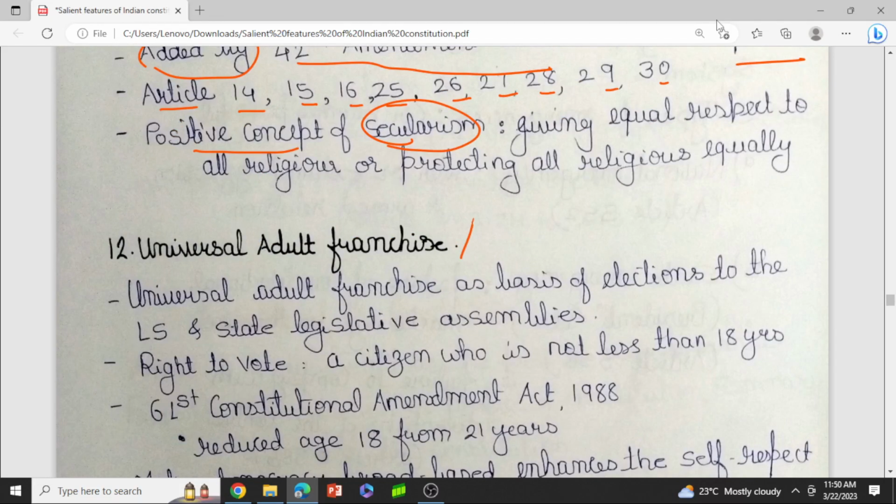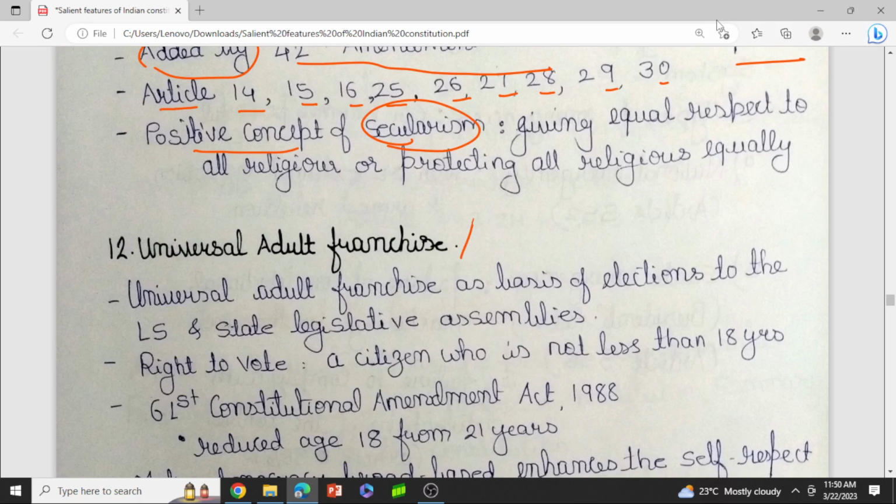Universal adult franchise, very, very important. In India, elections are made through direct election through universal adult franchise. They are the basis for the election of Lok Sabha and state legislative assemblies. What is this? A right to vote is given to a citizen who is not less than 18 years.